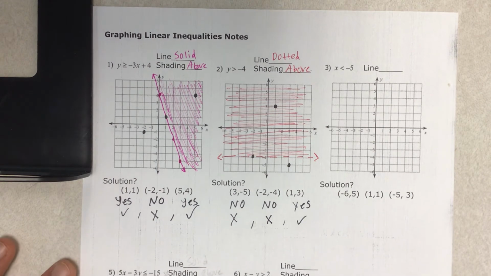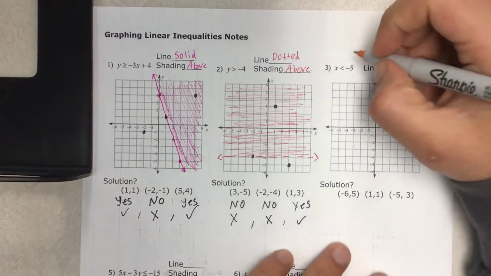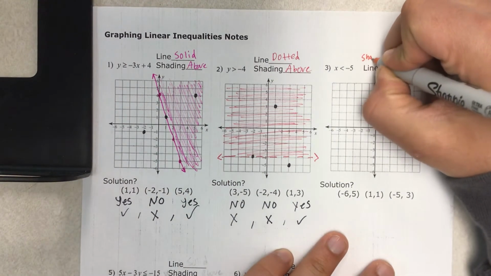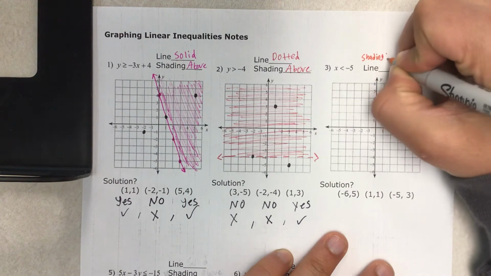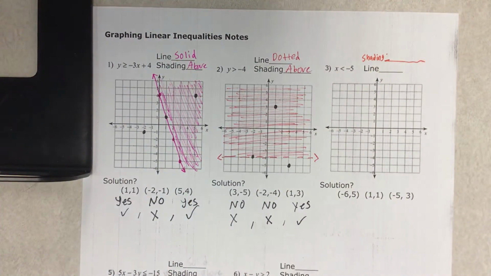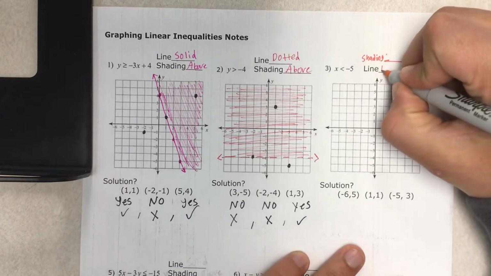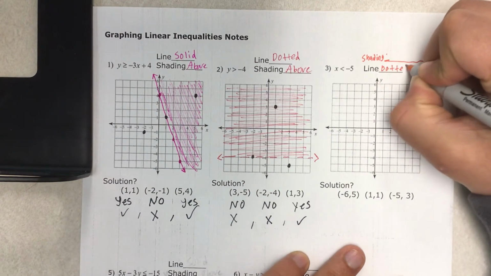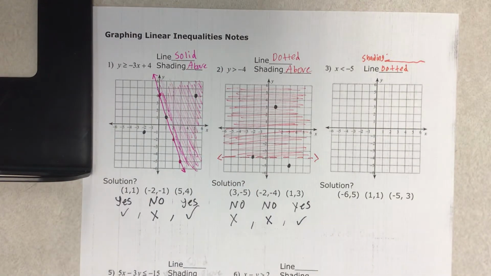Number 3, moving on. We have the equation, or sorry, the inequality. x is less than -5, okay? So we go about it the same way. I forgot to put the shading, my bad. There we go. Okay, so based off the inequality, the line I would need, solid or dotted, that's gonna be dotted. There is no equal to line underneath that inequality, okay?